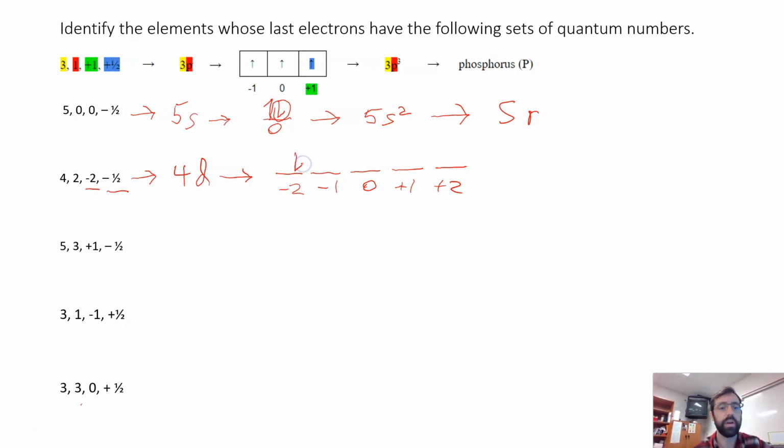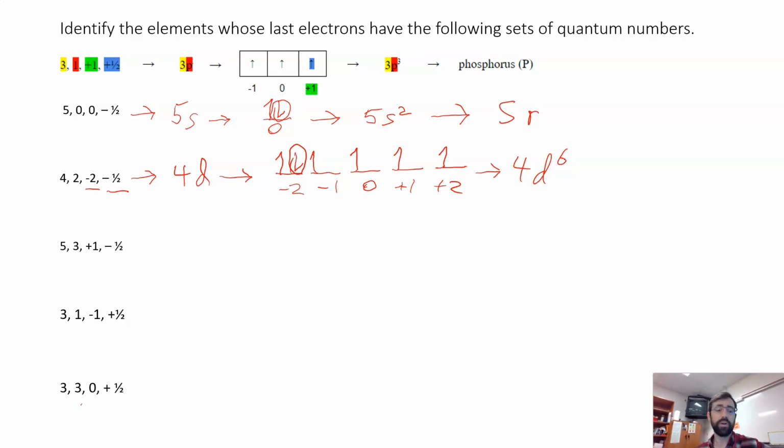Now, if you remember our orbital diagram rules, we have to have one up arrow on each line before we get a down arrow. So I had to have 1, 2, 3, 4, 5 first, and then my 6th electron is the down one. So that's 6 electrons: 4d6.